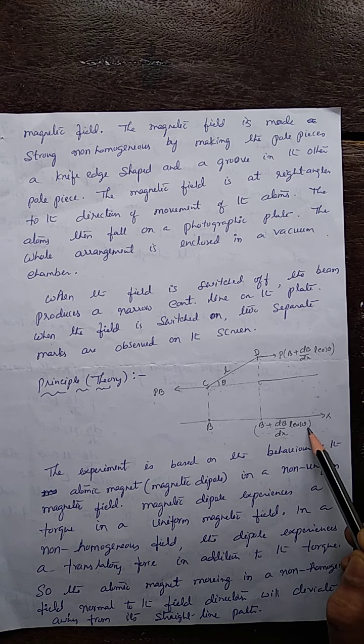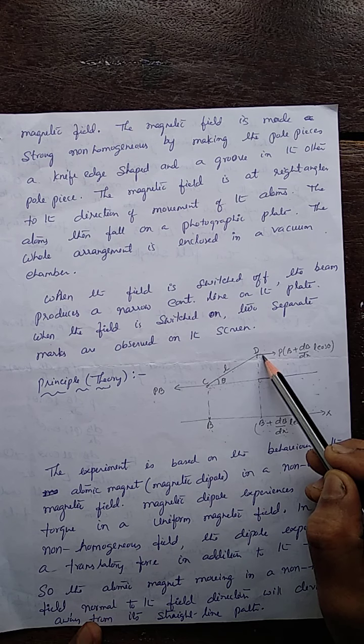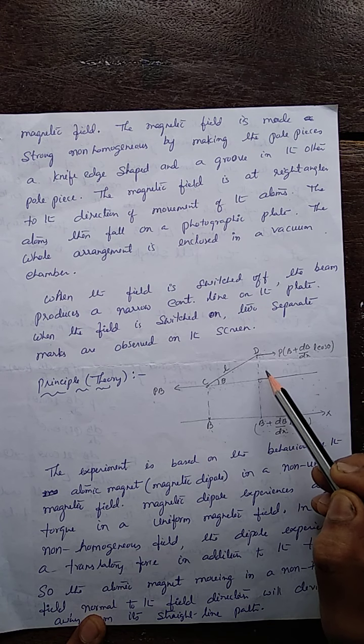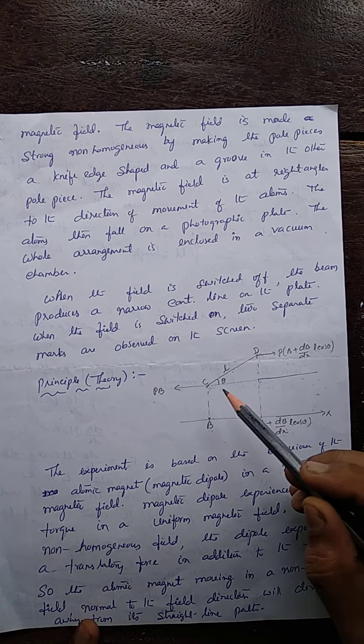Because of this change in the field strength, this dipole, the atomic magnet, experiences torque and translatory motion, so that it aligns, making angle theta with the direction of the field. Now, these two poles experience different forces.